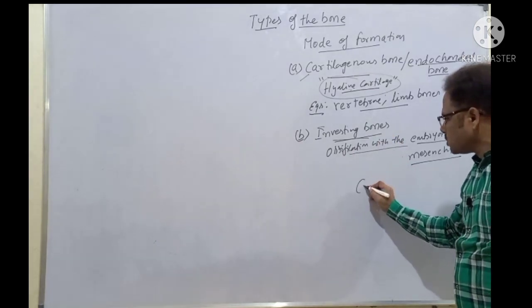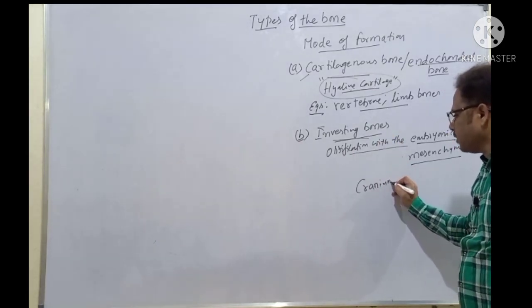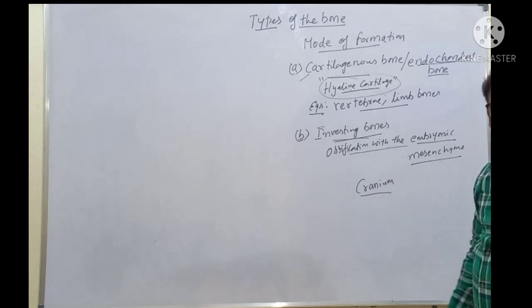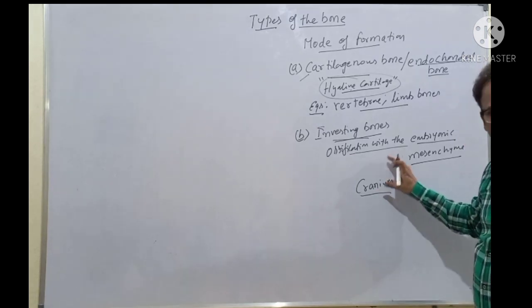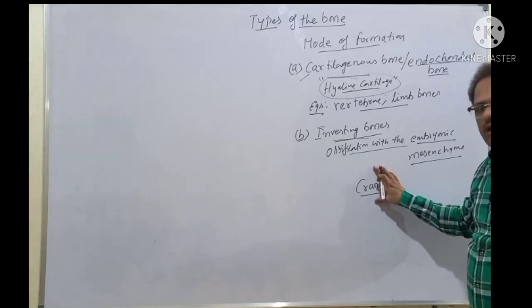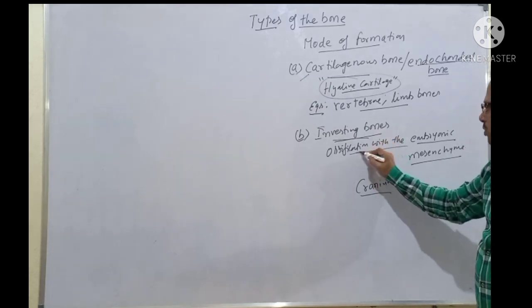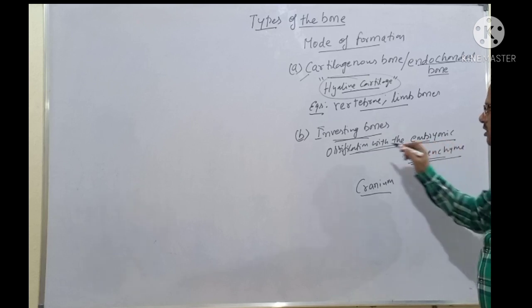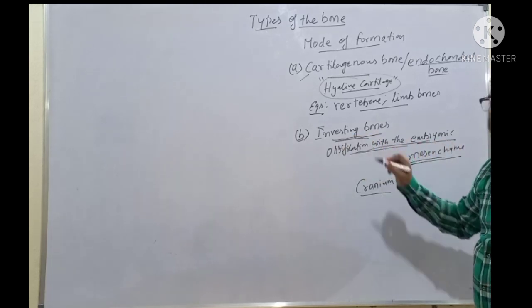Example, most of the bones of the cranium. What is the cranium? The brain box is called the cranium, isn't it? Frontal, parietal, temporal, etc. are called cranial bones. So most of the bones of the cranium are formed by ossification with the embryonic mesenchyme. Such a bone is called an investing bone.